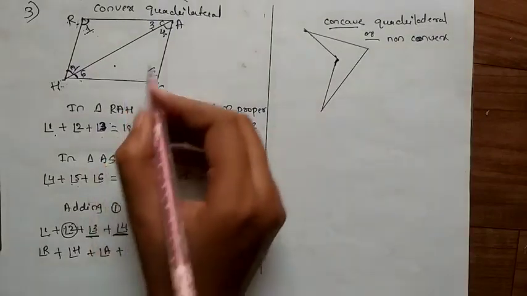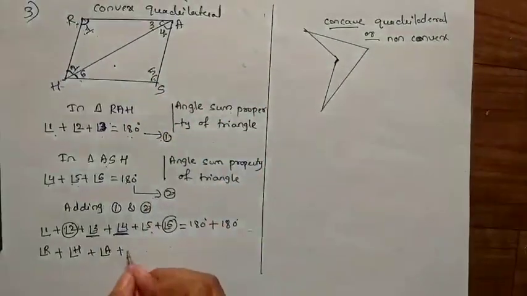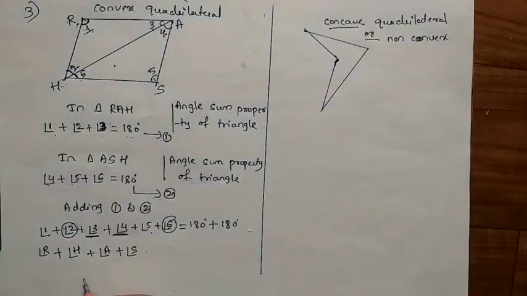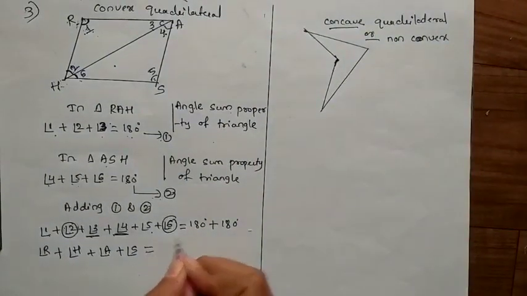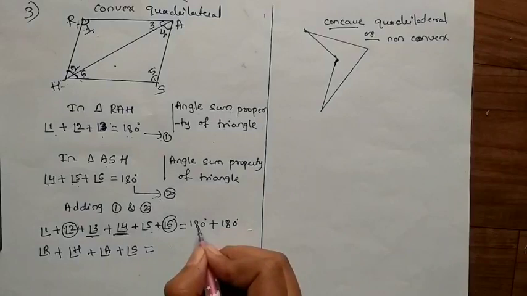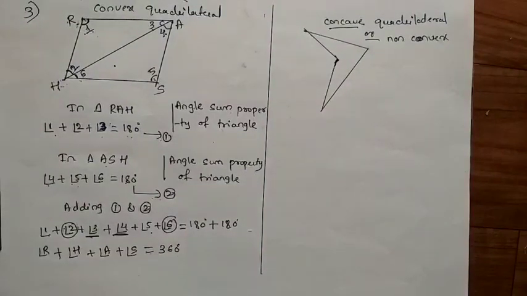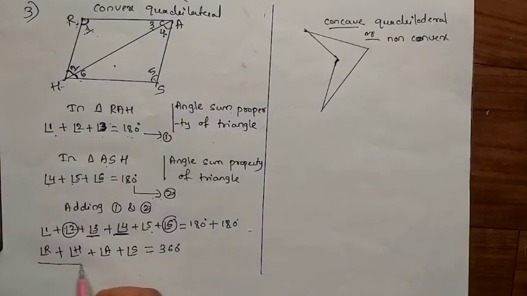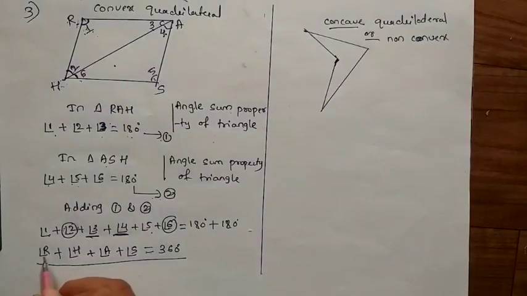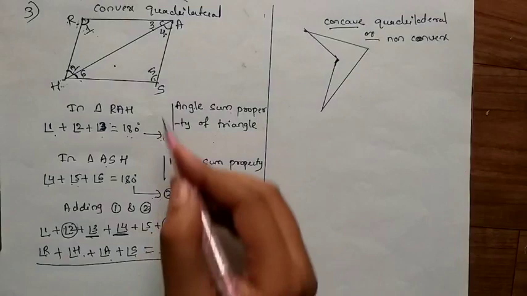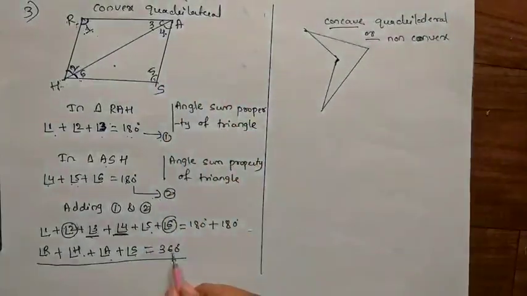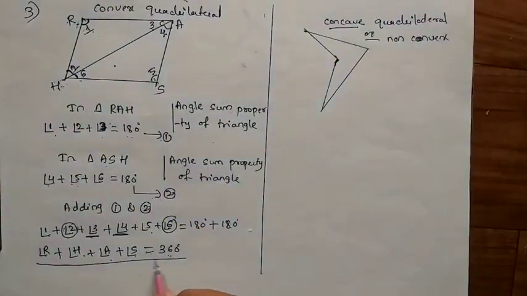Angle 5 is nothing but angle S. So this is equal to 180 degrees plus 180 degrees, which is 360 degrees. So this holds the property: the sum of the four angles of a convex quadrilateral is how much? 360 degrees. Here the property holds.